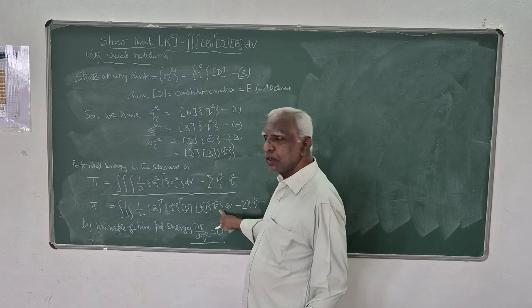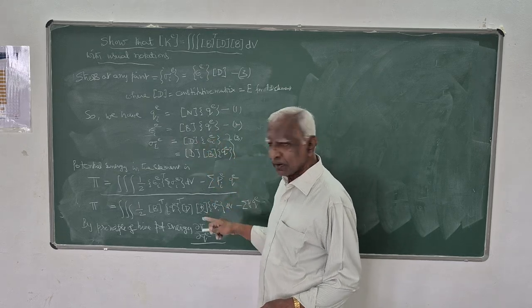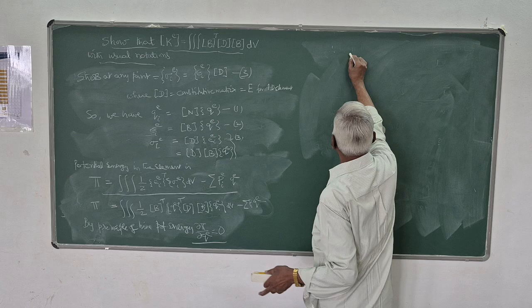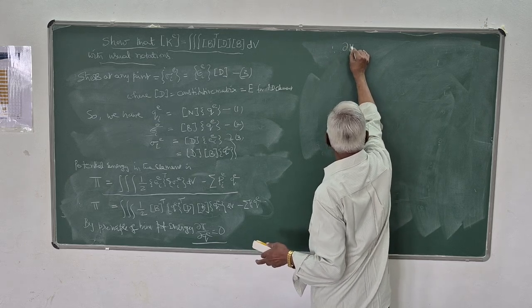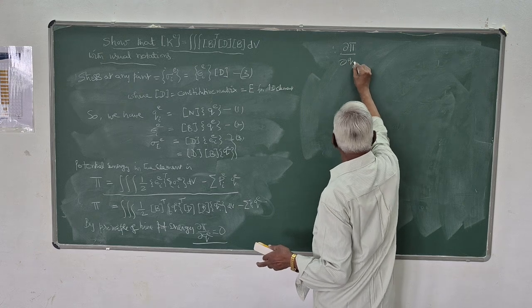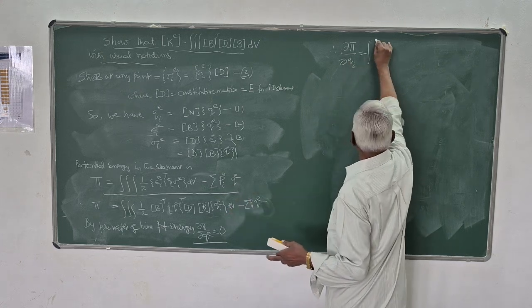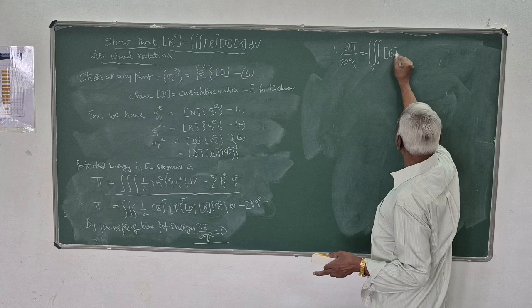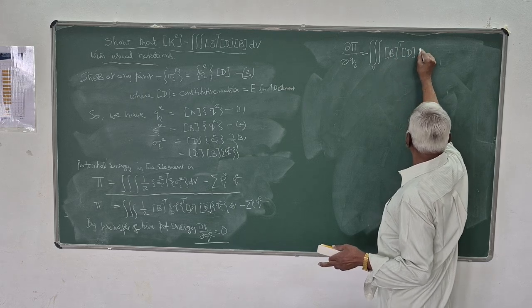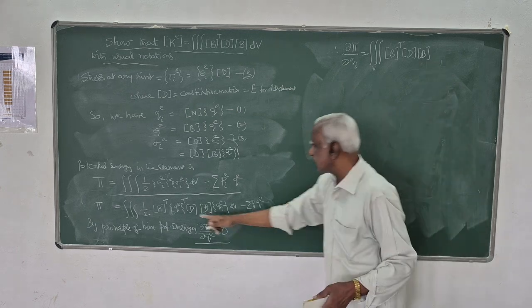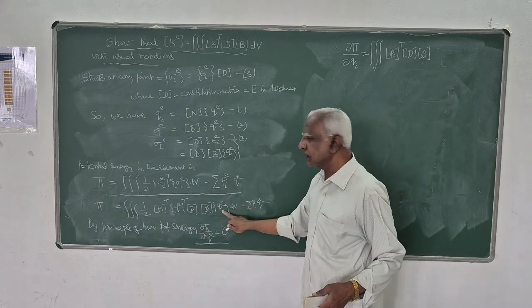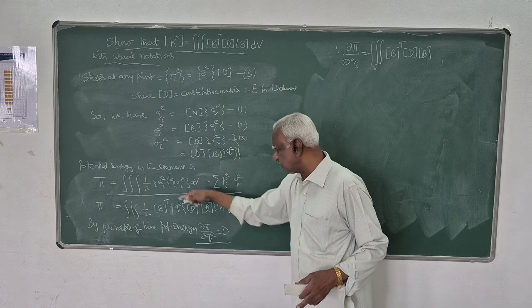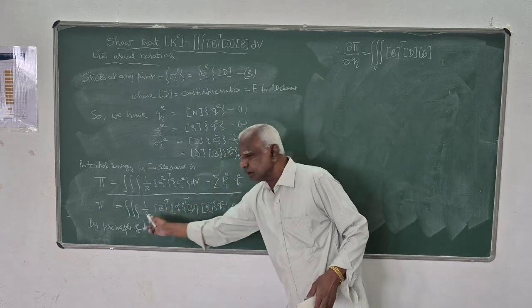The derivative of QE squared is nothing but 2QE, and that 2 and this 2 get cancelled.